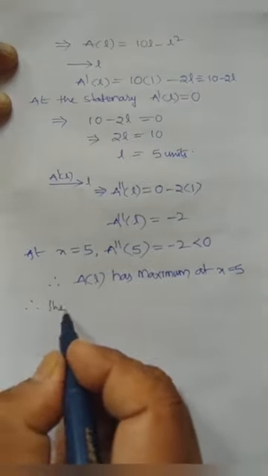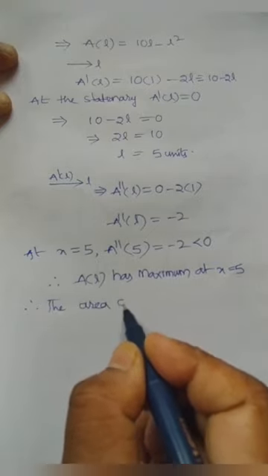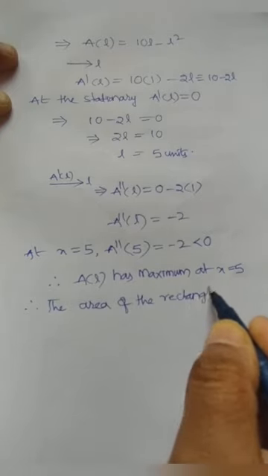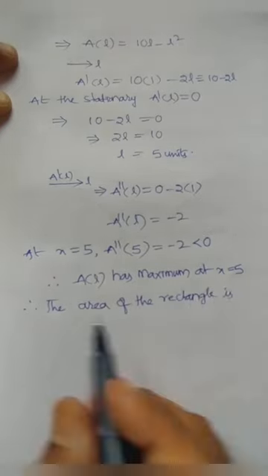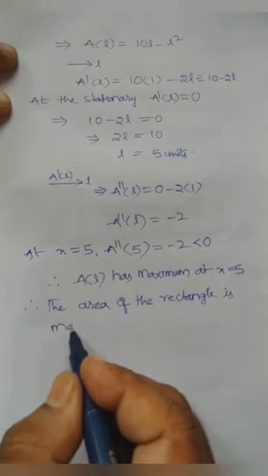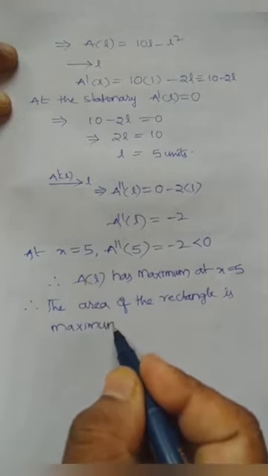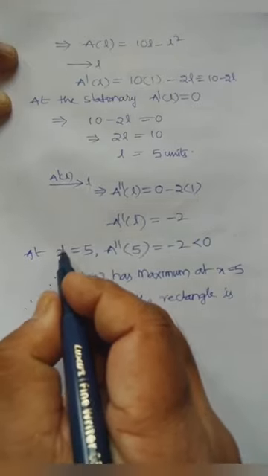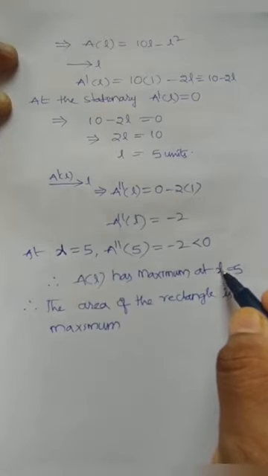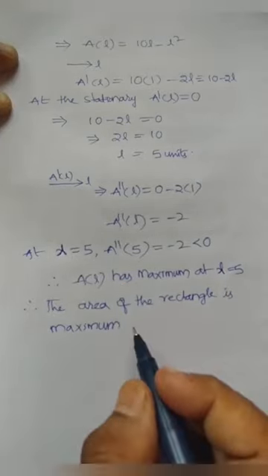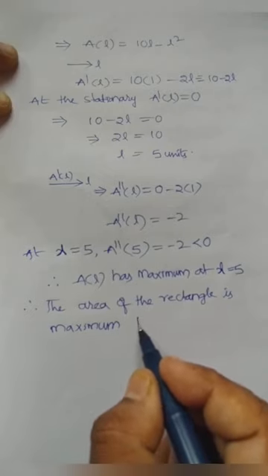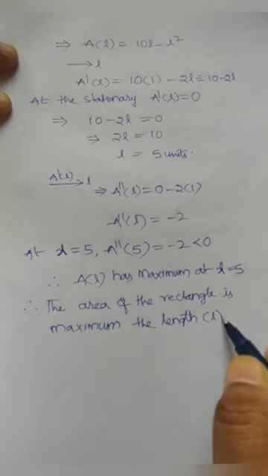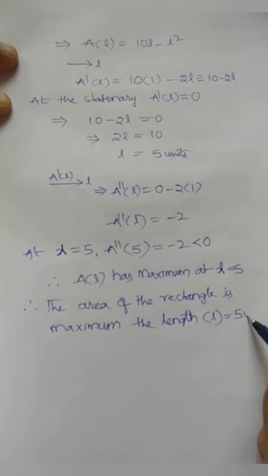Therefore the area of the rectangle is maximum. Small correction here, it is not X, it is L. So it is maximum whenever the length, small l, is equal to 5 units.